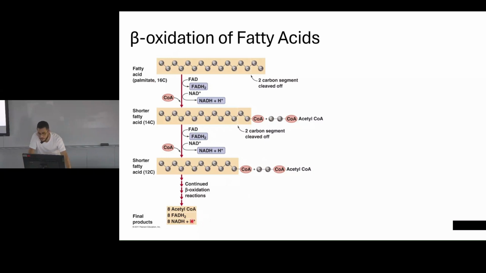This is not 8 NADH and 1 H plus, it's 8 NADH and 8 H plus, okay? Simple. So this is why fatty acids produce a lot of energy. Okay, this is why when you're counting, for example, how many grams, how many kilocalories you're producing from fat, you produce 9, it's because of this process here.